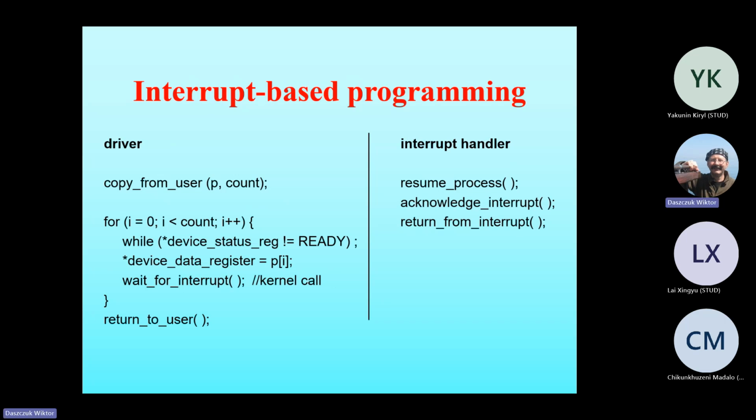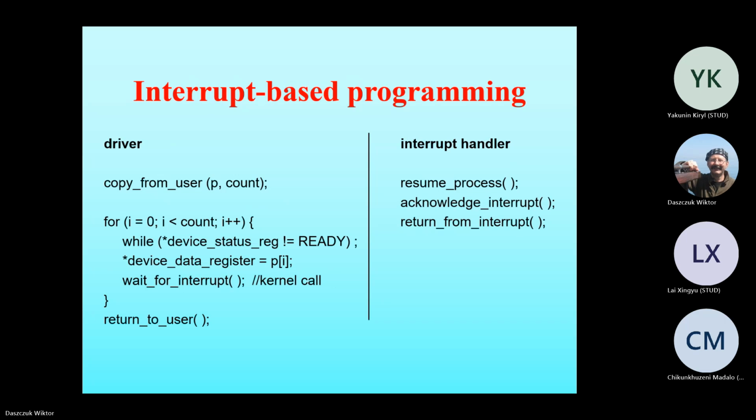Finally, when the entire string is sent to the printer, we do the same as before. Return to user. What does the interrupt handler do? First, it tells the kernel, it's a kernel call, to resume the process that waits.